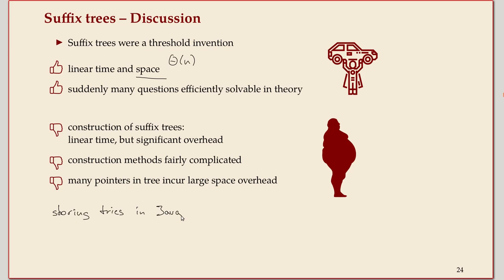You have nodes, and they need to have one child for each character in the alphabet. So we could say our symbols are the 128 characters of the ASCII alphabet. We'll talk about ASCII next unit. It's just the standard 128 characters.